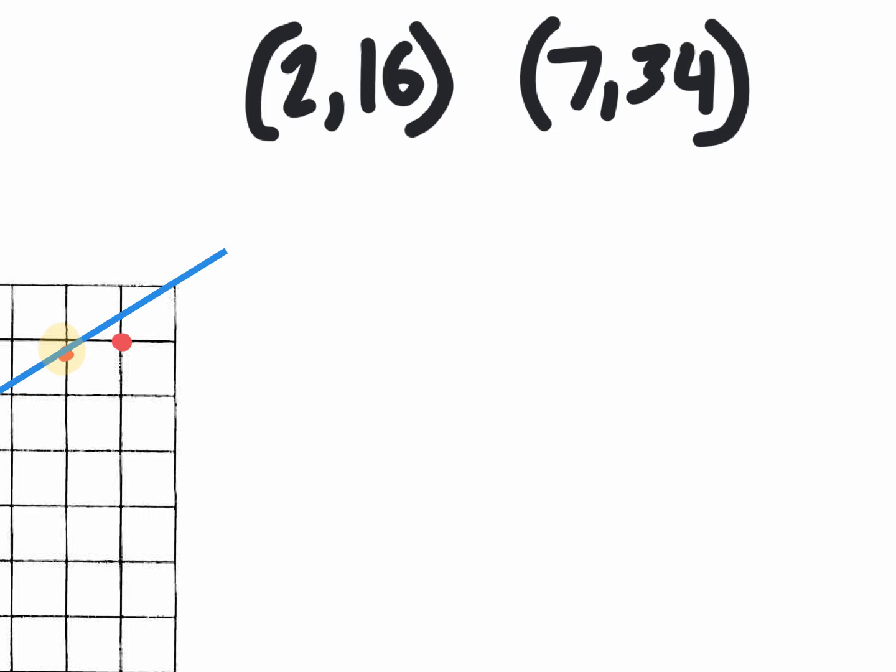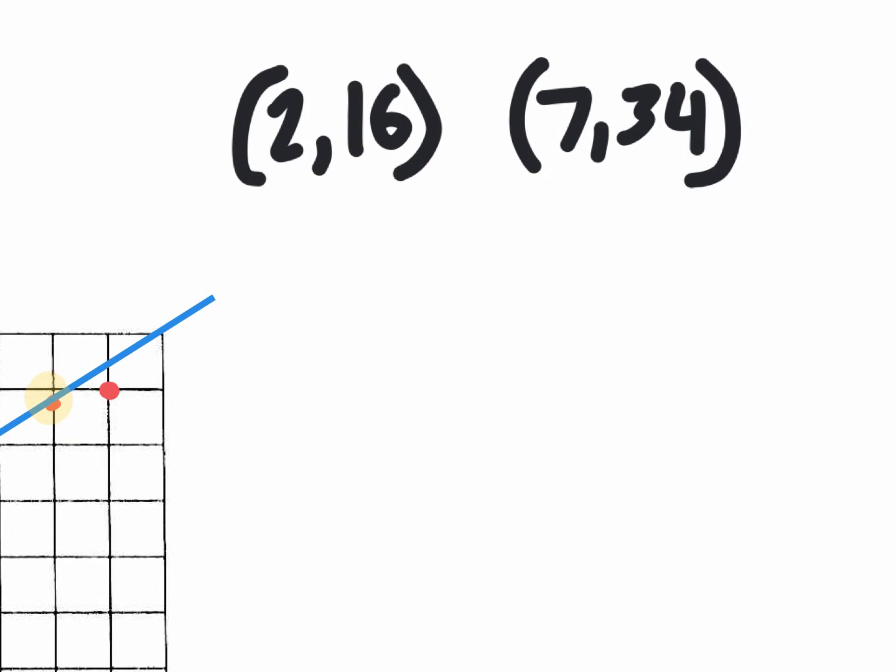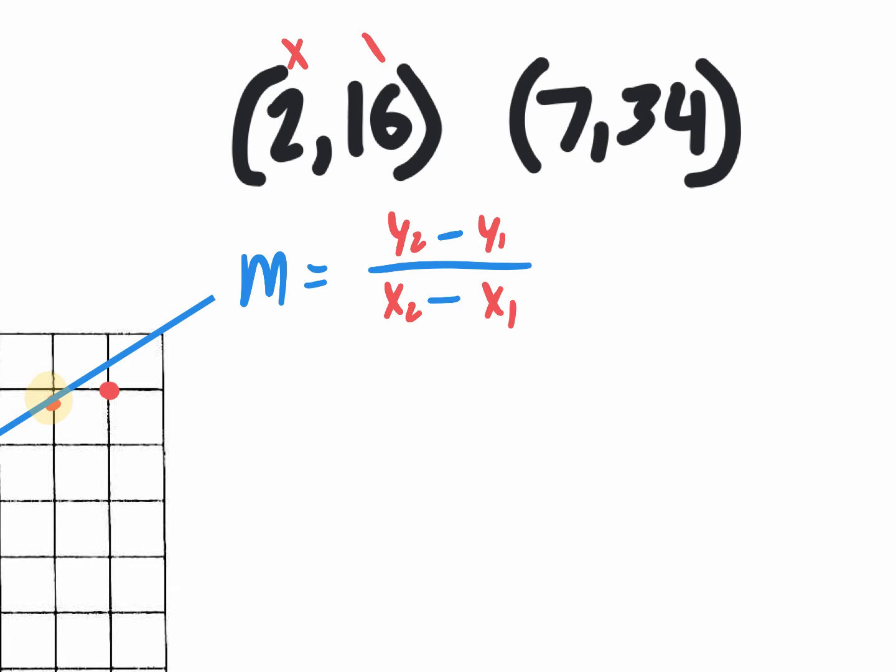And what do we begin with? If you have 2 points, what could you do with those 2 points? Anybody? That's right, slope. And the slope is y2 minus y1 over x2 minus x1, labeling them x, y, first point, x, y, second point.